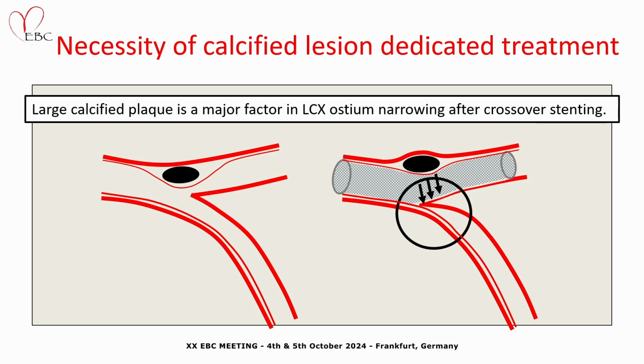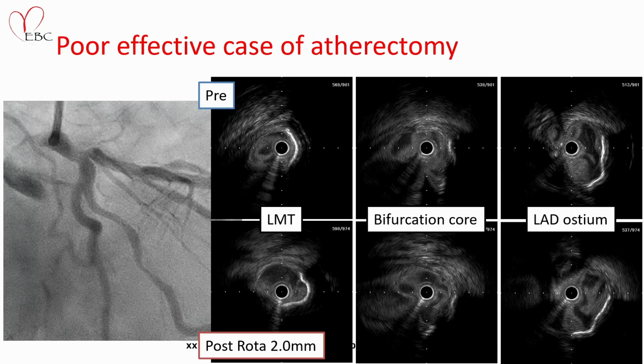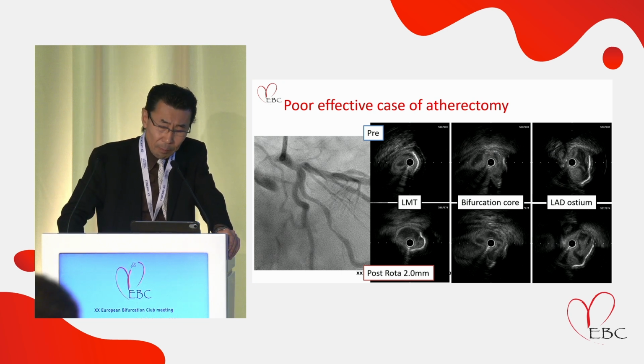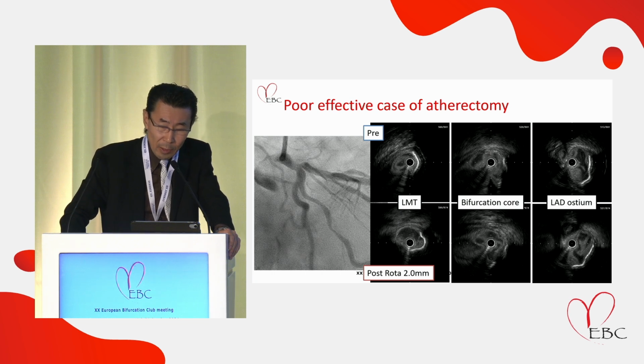So this calcification, if possible, should be removed by atherectomy devices before the stenting. However, sometimes we meet such a case. As you can see, the left main bifurcation area has much calcification, but the LCx ostium has poor guide wire bias to the calcification side.